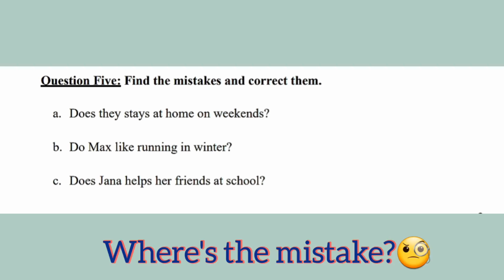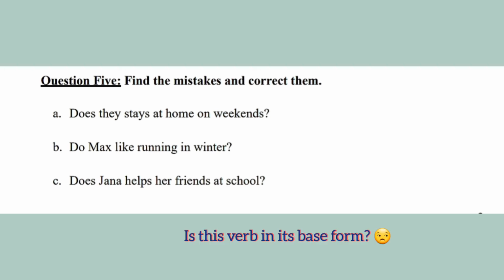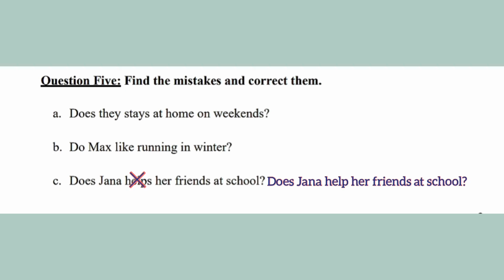So where is the mistake here? Look at the verb. Is it in its base form? No. Then we should cross the S. And the correct question is, does Jana help her friends at school? You see, you can act like a teacher and correct the mistakes of the sentences.